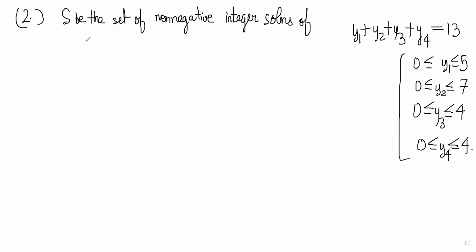Under these conditions, the set of non-negative integer solutions which satisfy them is S, right? Let's say we have four subsets, S1, S2, S3, and S4.